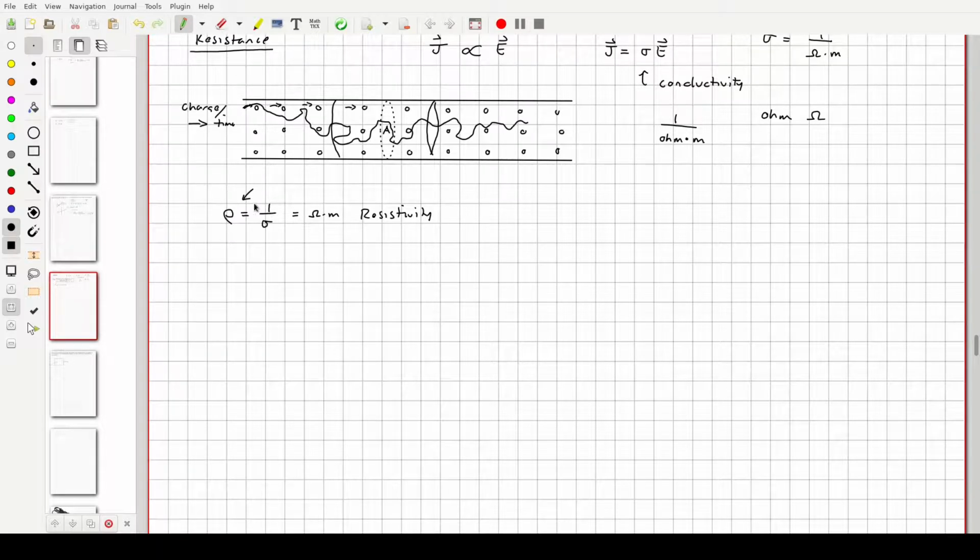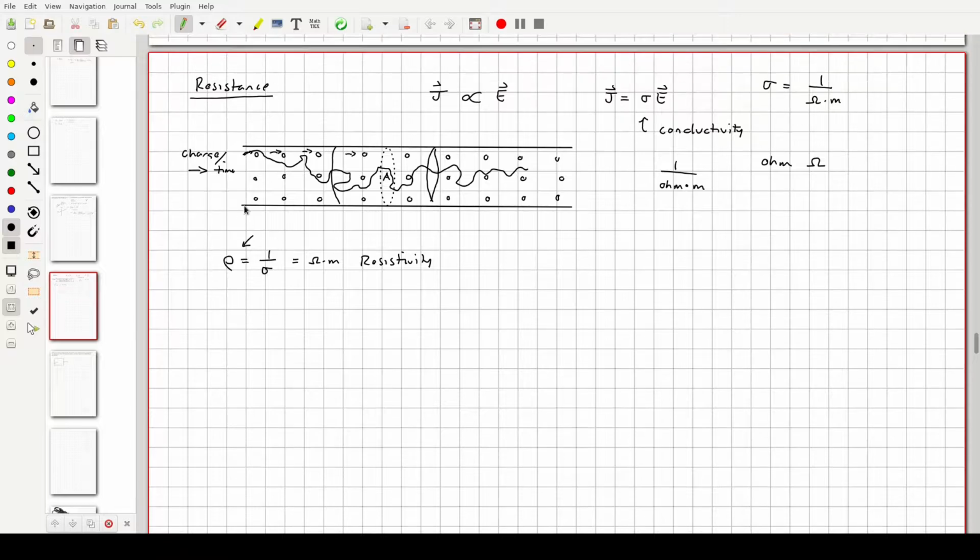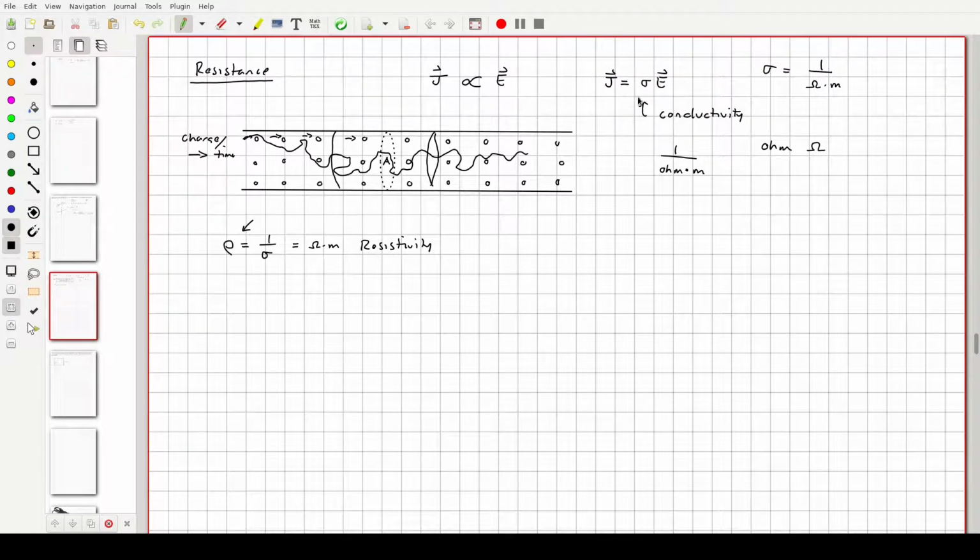If you look at the relationship between the field that it takes to push this stuff through and the current density going through, and solve for it, the measure of how hard it is to get stuff to go through is just the electric field divided by the current density.